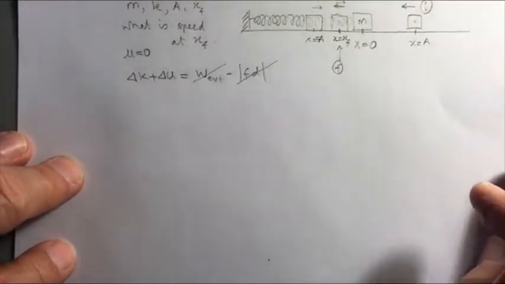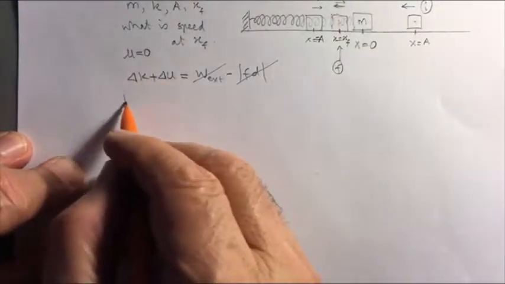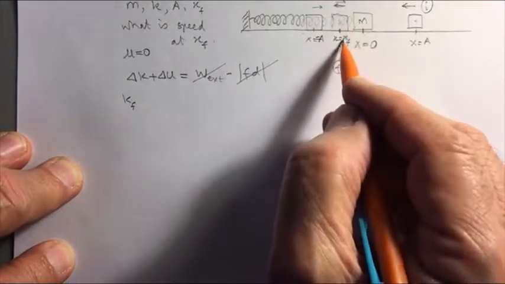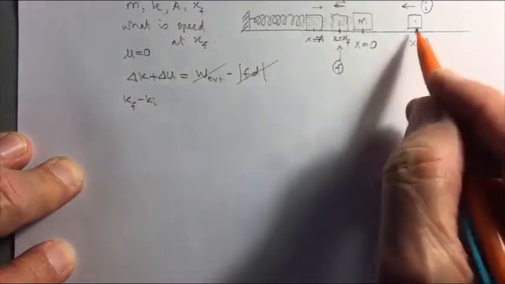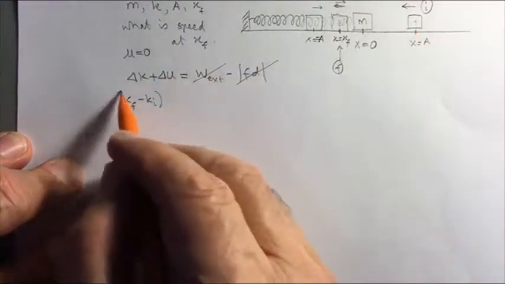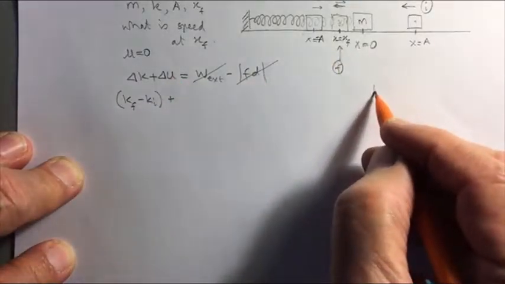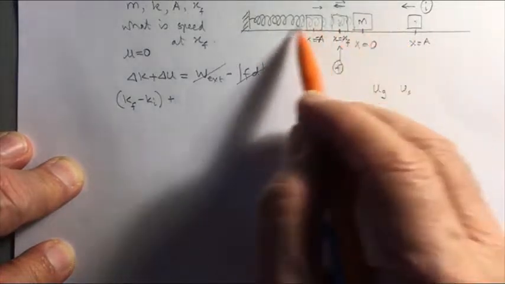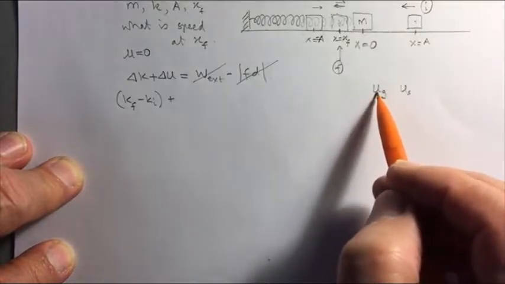And now we will write this. The delta K will be K at the final position, K here at x final, minus K initial, which is the K over here. The U could be either U gravitational or U spring. Now because the level is horizontal, the U g final and U g initial are the same.